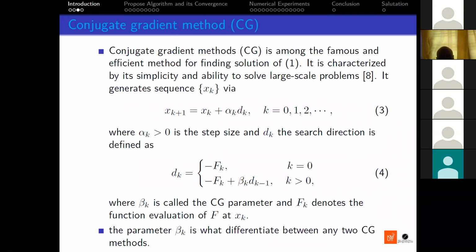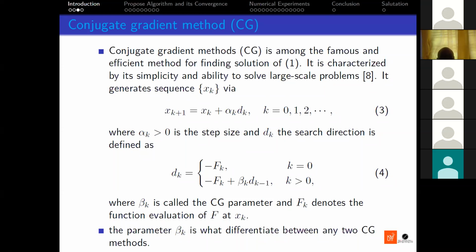Now, like I mentioned, there are several methods for solving such kind of problem. Some of the famous methods are the Newton and the quasi-Newton methods. But in this context, due to the assumption on the function f, the function f is monotone and Lipschitz, not necessarily differentiable.